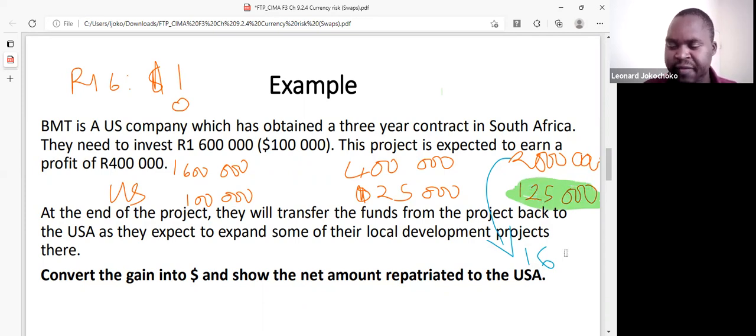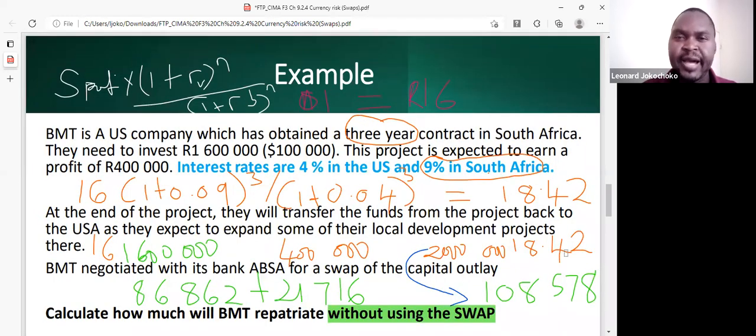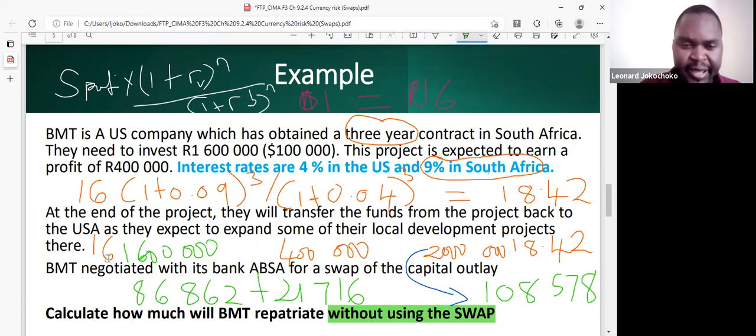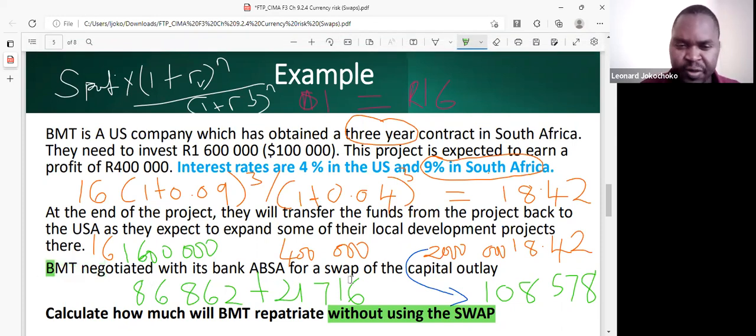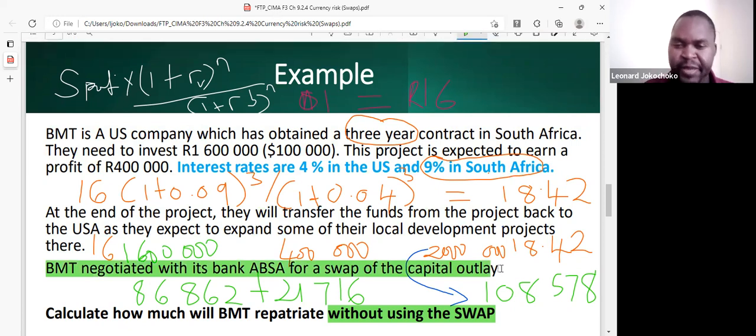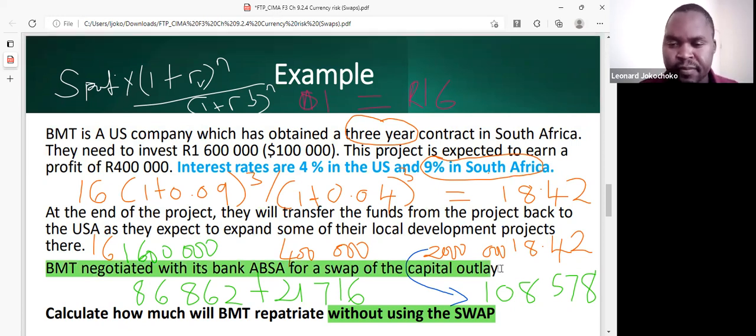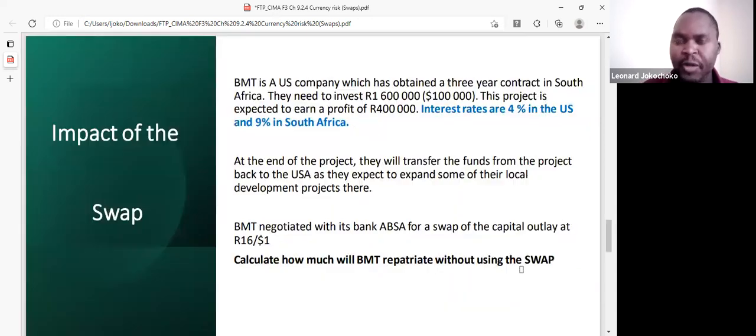The only problem we have is that exchange rates change, and because they change, you end up taking back less. You have suffered a loss here because of exchange rate movement. Now, to deal with that, we then enter into swaps. In this question, we were told that this particular company negotiated a swap with its bank, ABSA. Now, let's see, if we do use the swap, what will happen?